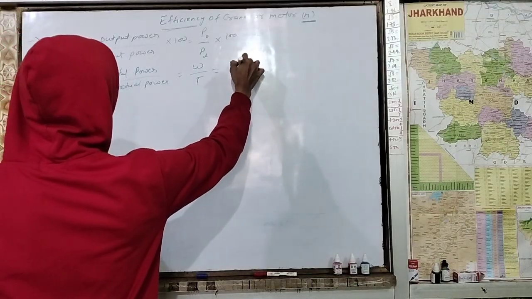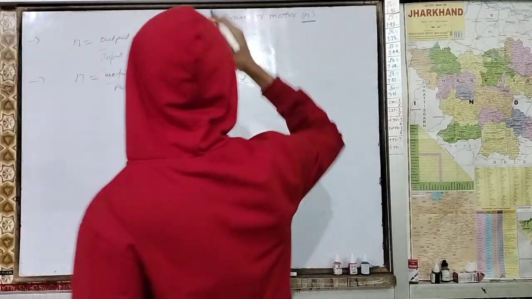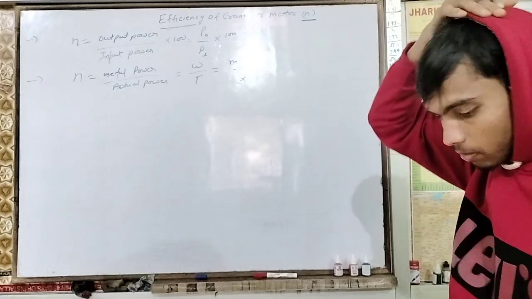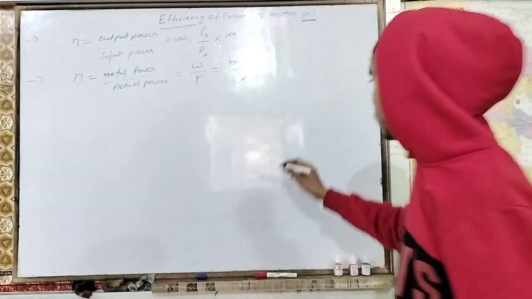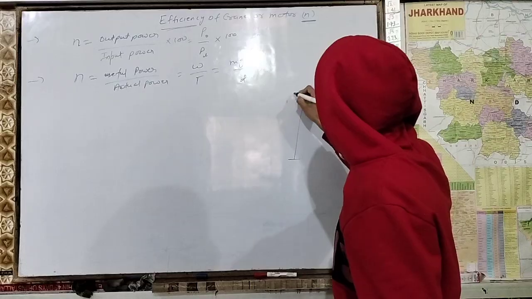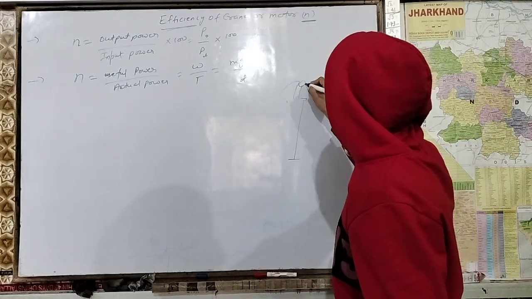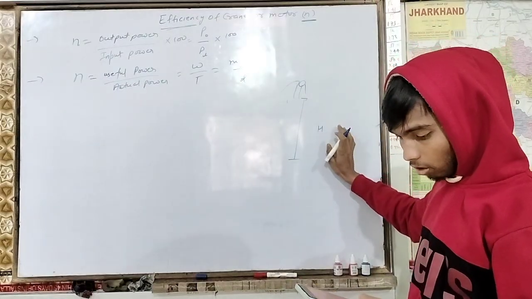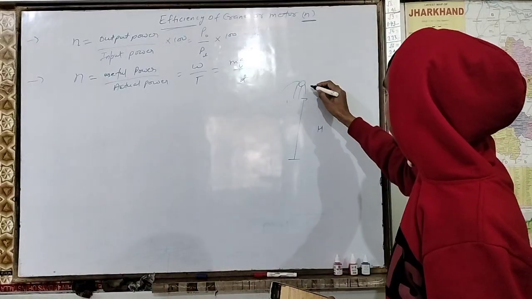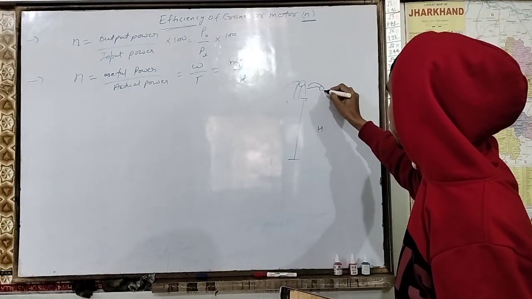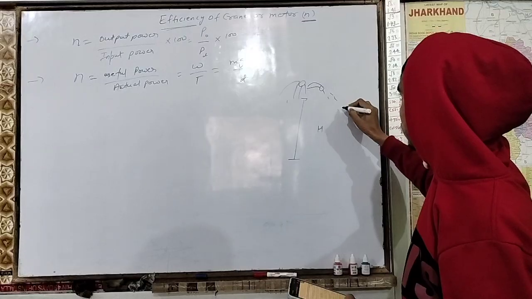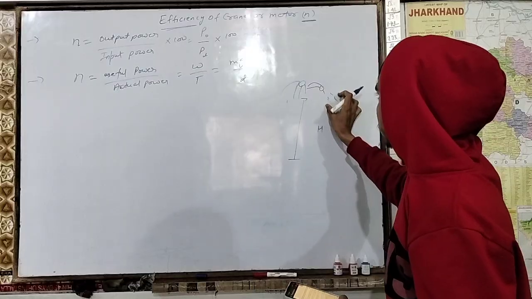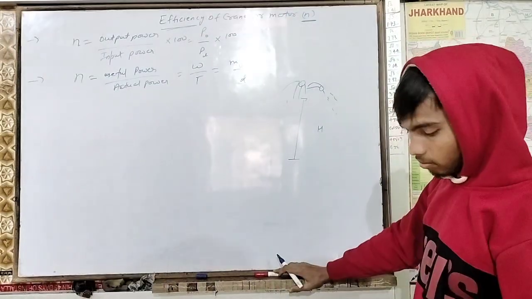So for gravitation, we have mgh upon T. Now, if a pump lifts water from this depth to this height, the input is this, and the output is this water which is coming with some velocity.